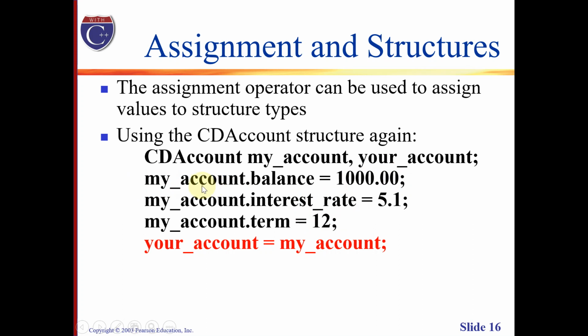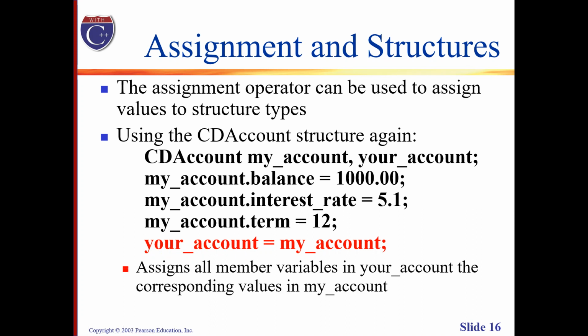Then finally, we assigned this structure to another structure. In this case, we directly assigned my account to another structure variable, which is your account. So we can do that with structures. We can assign all member variables in your account the corresponding values in my account, as we have seen, which is the result of this operation.